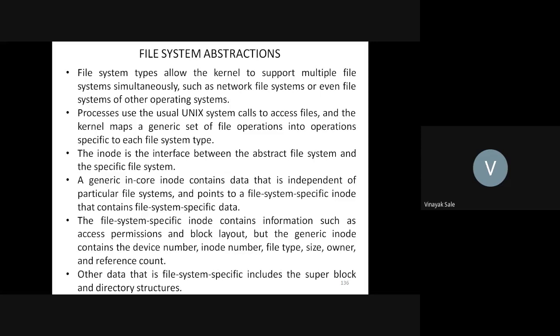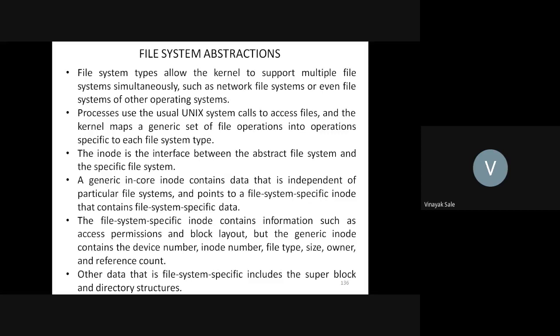The inode is the interface between the abstract file and the specific file system. The generic in-core inode contains data that is independent of particular file systems and points to the file system specific inode that contains file system specific data.